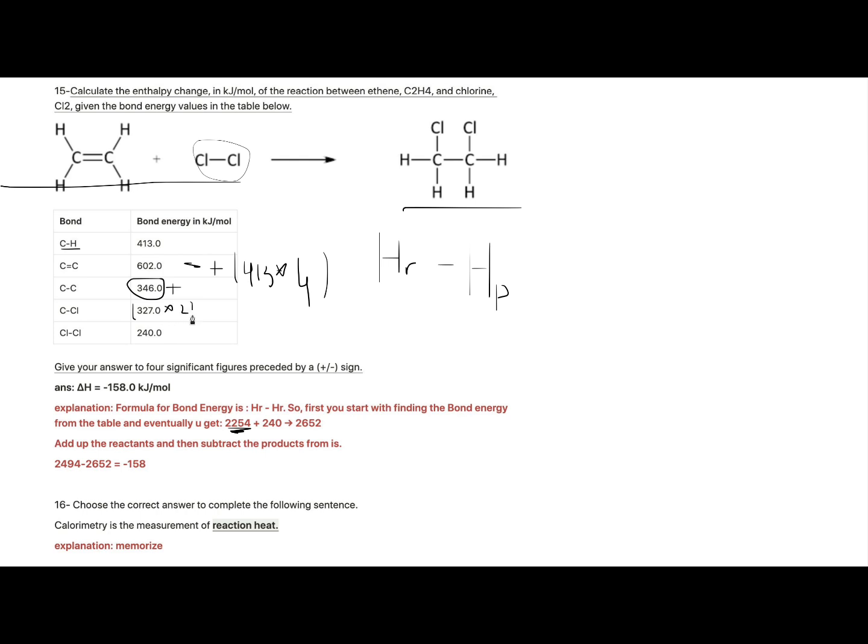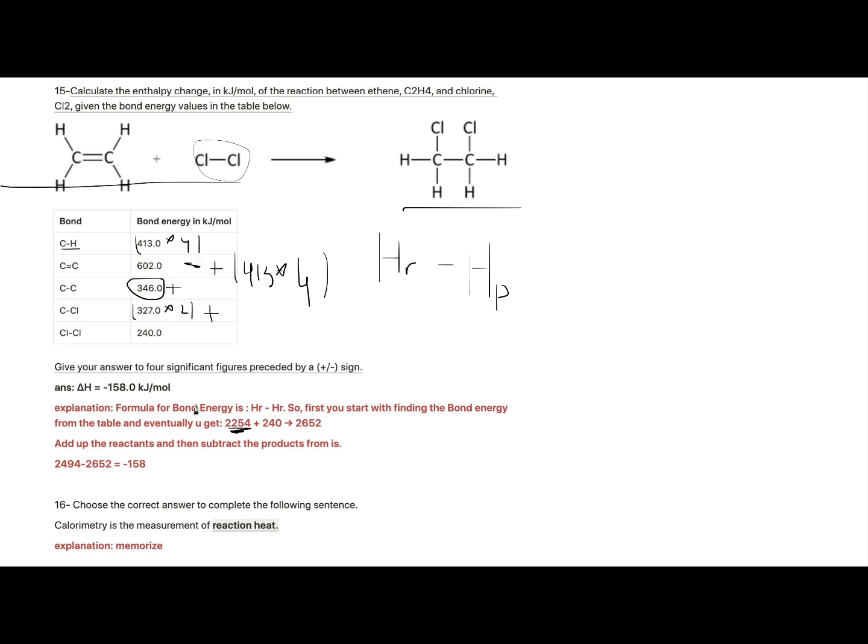And then you see again the carbon to hydrogen, 1, 2, 3, 4 times. You multiply those and add it to these, so it's plus 413 times 4 again. After you add them all together, you get 2652.